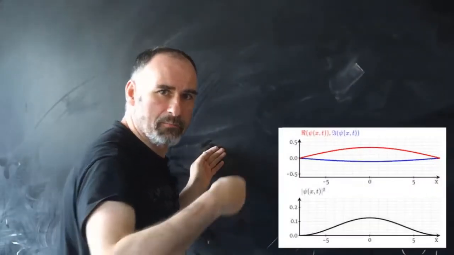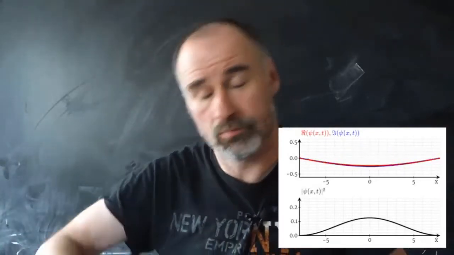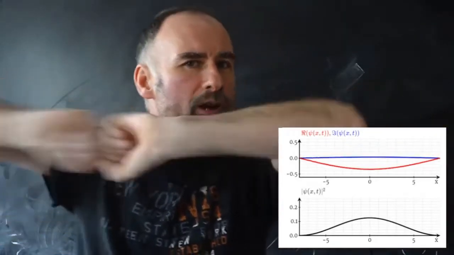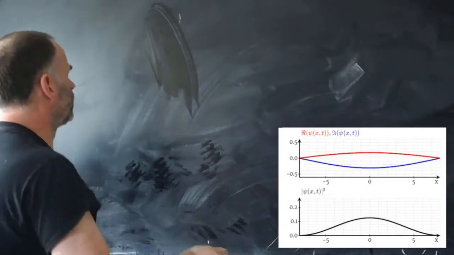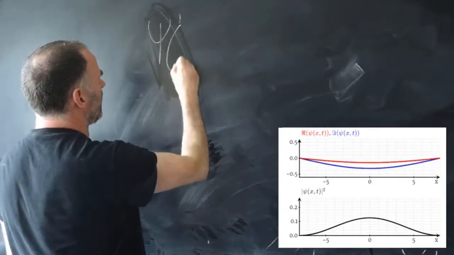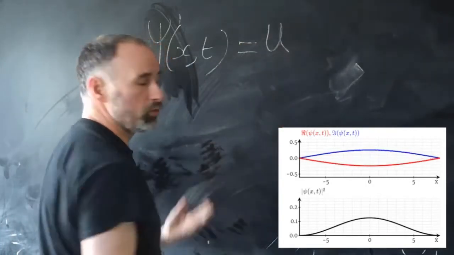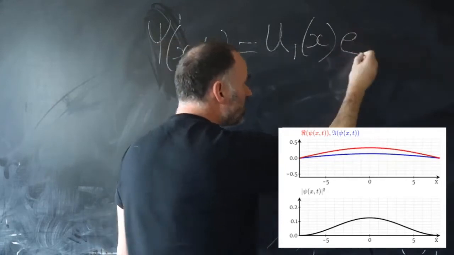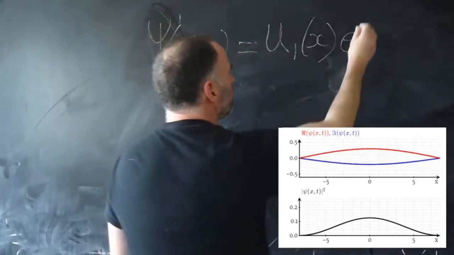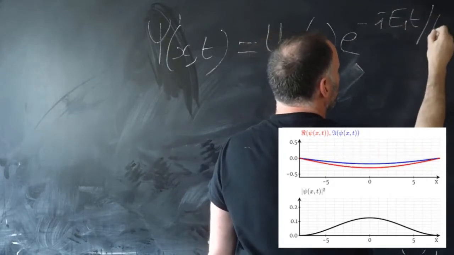The real and the imaginary components are oscillating back and forth, but remember we're taking the modulus squared. Therefore we get rid of all that phase information. Let's say we've got a really simple situation as we have here, just one eigenstate. So our wave function is this, in terms of time. We're in the first eigenstate, it's whatever our spatial state is, times this phase factor, and that's going to be 1.